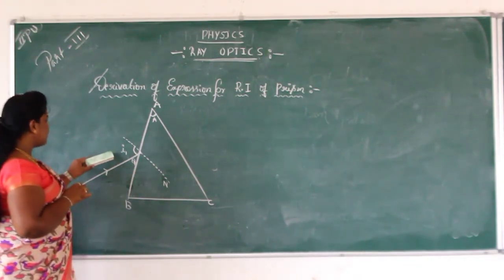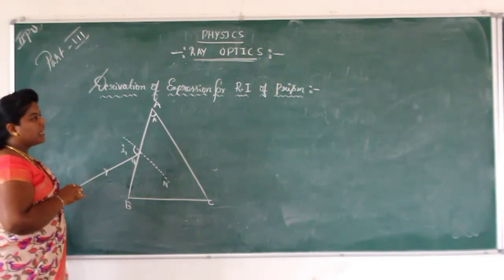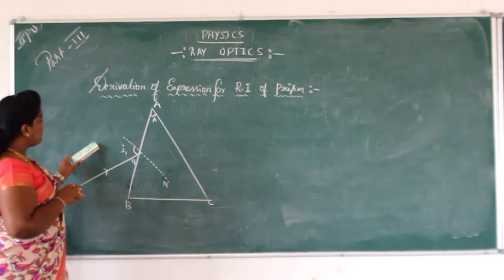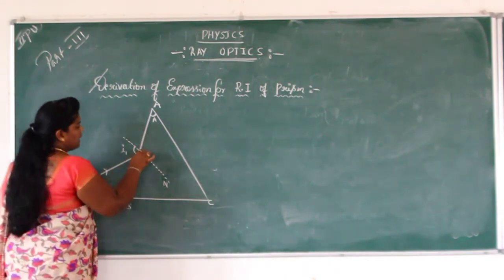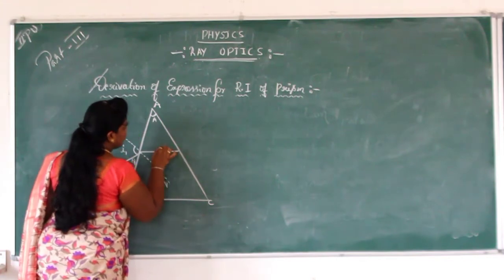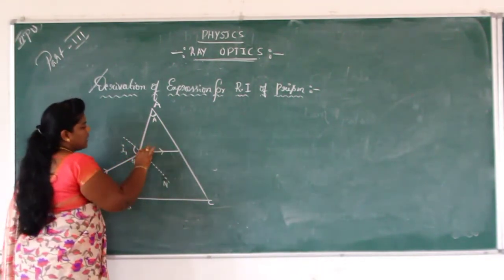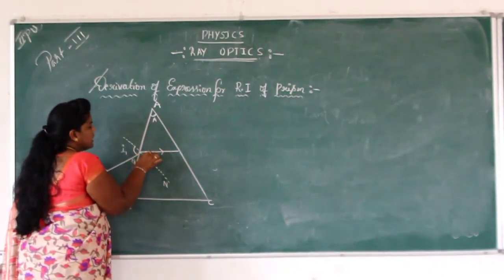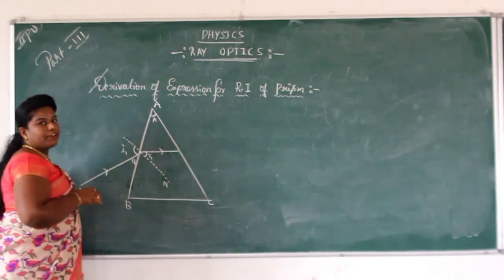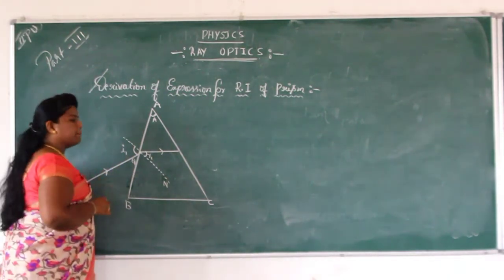Now the ray of light is traveling from air medium to glass medium, from rarer medium to denser medium, so it bends towards the normal. The angle between the refracted ray and the normal is considered as the angle of refraction, represented by the symbol small r1.